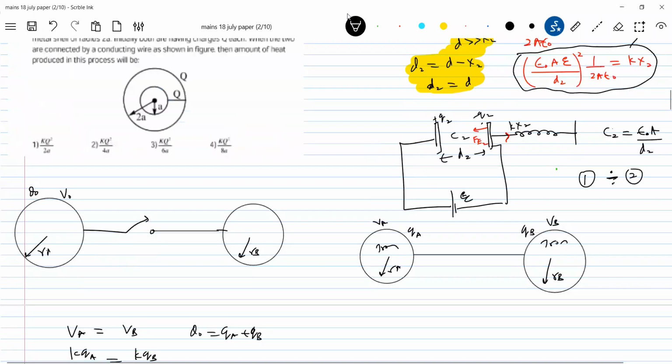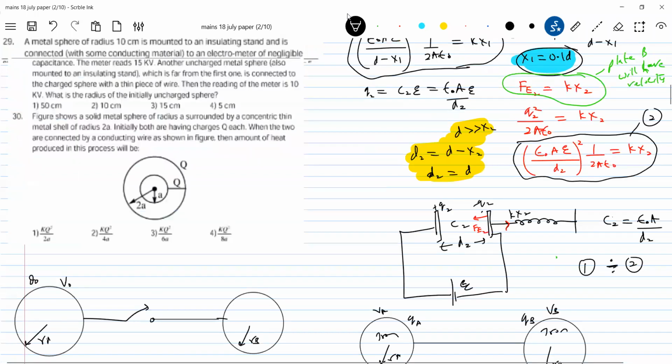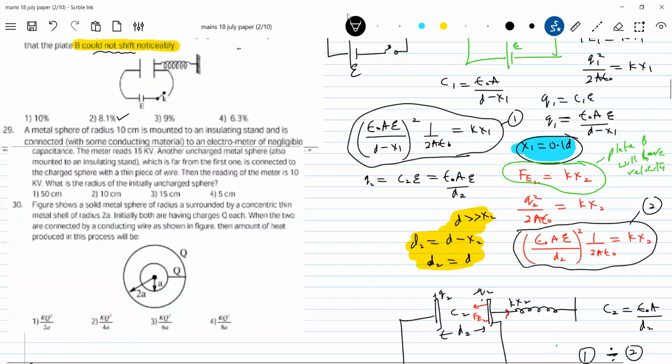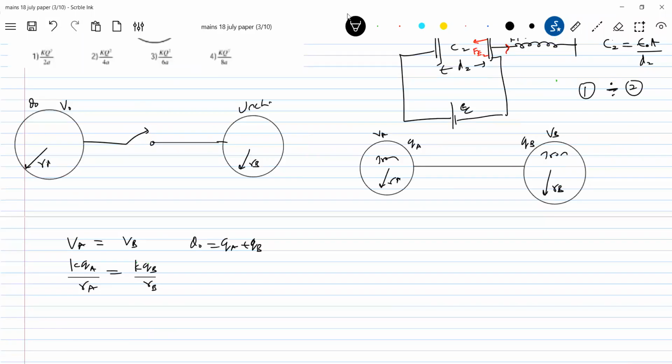What else has he given? What is the radius of the initially uncharged sphere? This is uncharged, no? So he has given that potential. If you know potential and radius, can you calculate that initial charge?